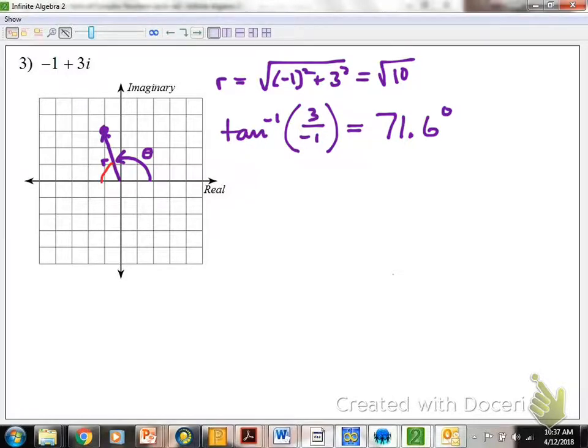This angle right there is 71.6. So how do I find theta if that is 71.6? Subtract it from 180. What is 180 minus 71.6? Theta equals 108.4 degrees.